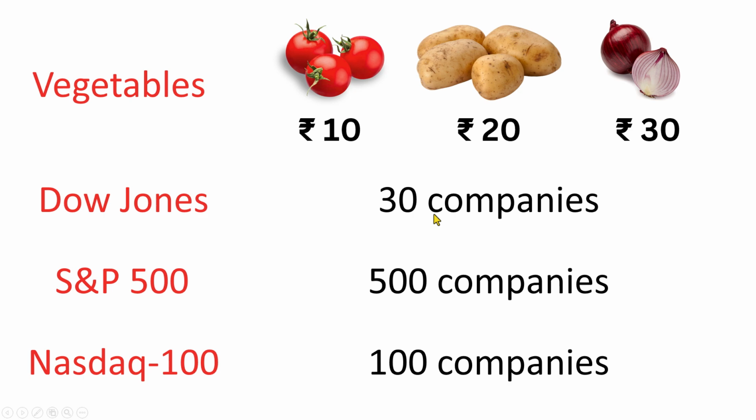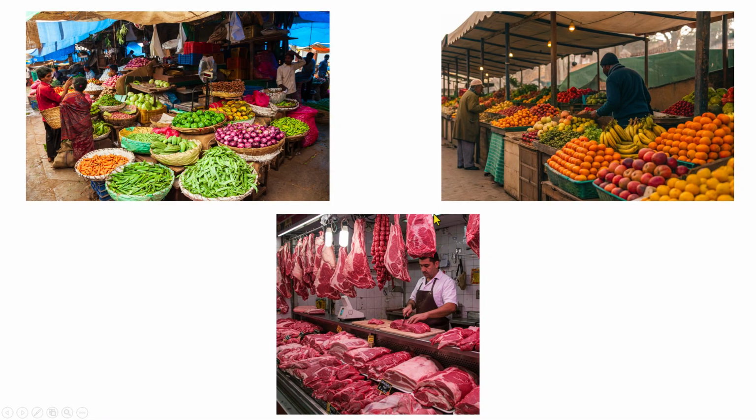Correct? So that is why the index is helpful. It gives you an idea of how the price is moving. Okay. Now, just like we have different categories or sectors, we have different indices. All right.